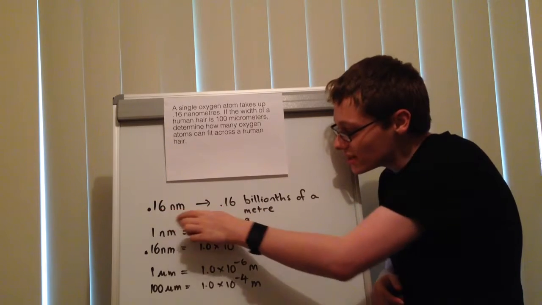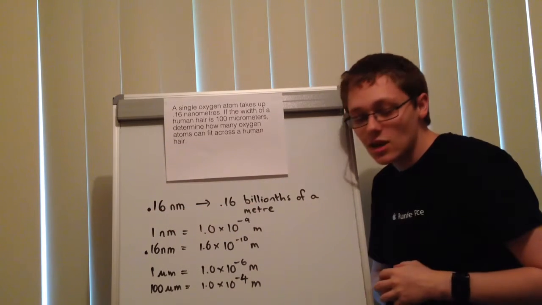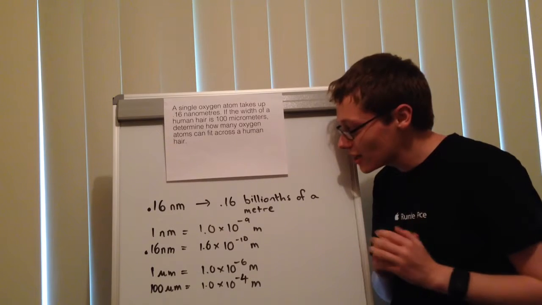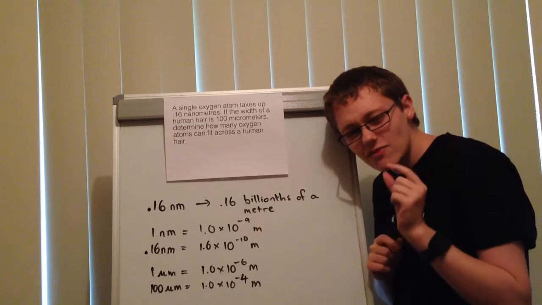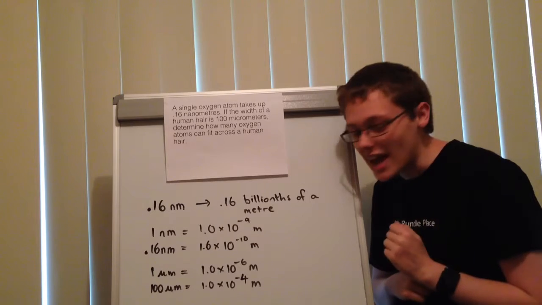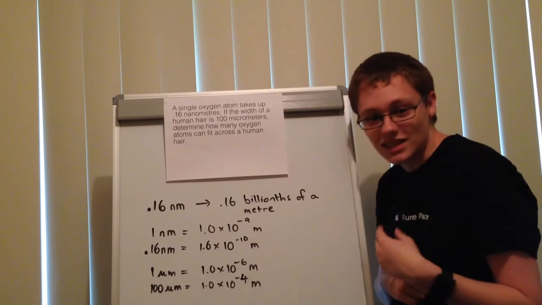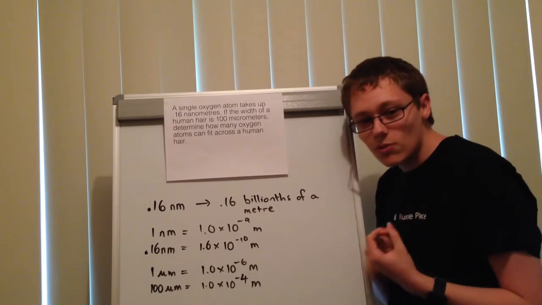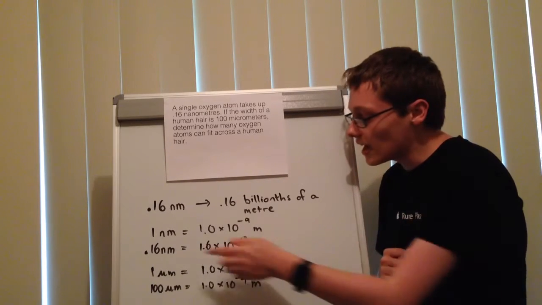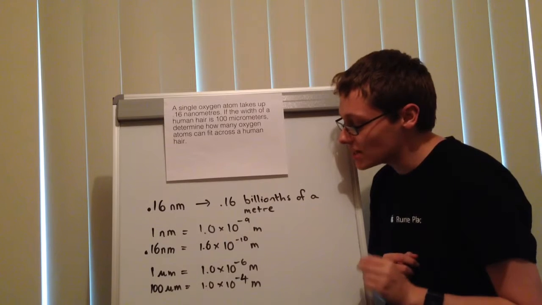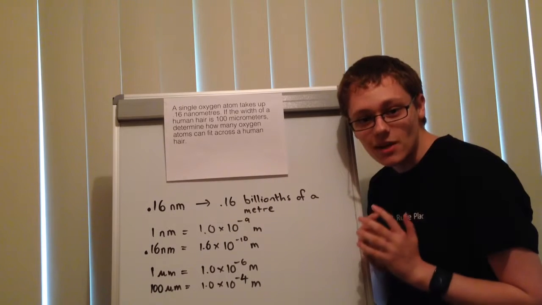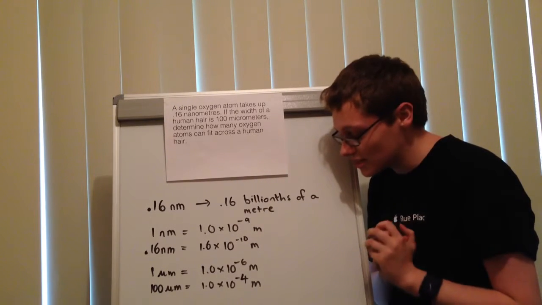So 0.16 nanometers is the same as 0.16 billionths of a meter. Very, very tiny, these little oxygen atoms. And we know that a nanometer is 1.0 times 10 to the negative 9 meters. So what we can do is convert that and have 0.16 nanometers equaling 1.6 times 10 to the negative 10 meters.